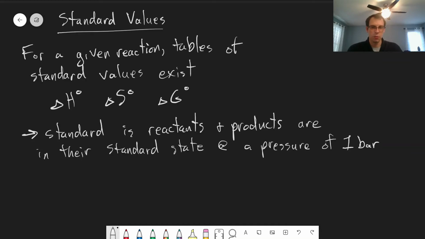So what does their standard state mean? It means that we define a temperature, say room temperature, and ask what the regular state of that thing is. If you have, say, hydrogen, then it's going to be in a gaseous form. That's the standard for hydrogen. If you have something that's aqueous, then it's dissolved in solution, and it's at its standard state of 1 molar.